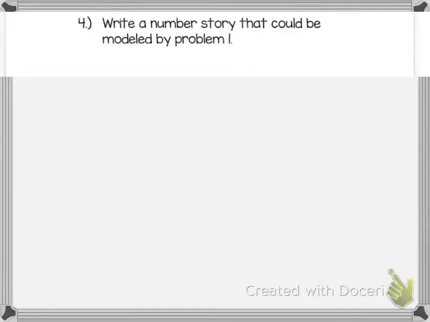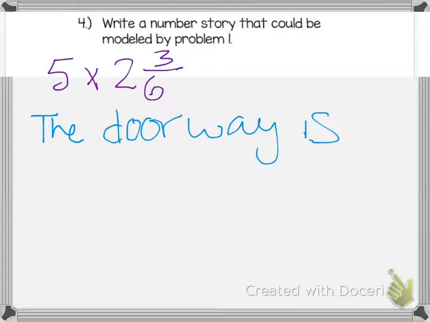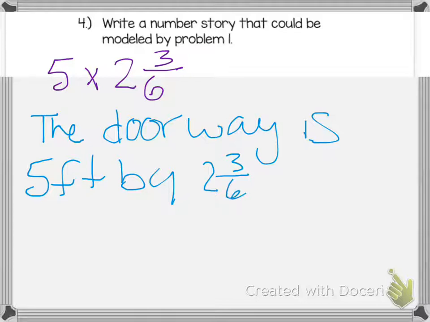So I have 5 times 2 and 3/6. My story problem is going to be: the doorway is 5 feet by 2 and 3/6 feet.